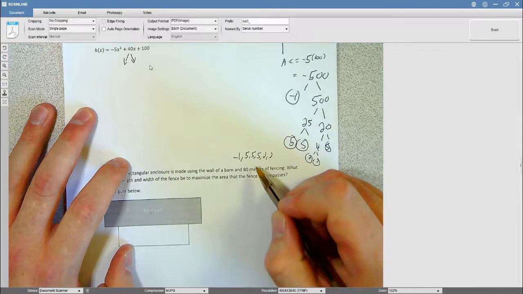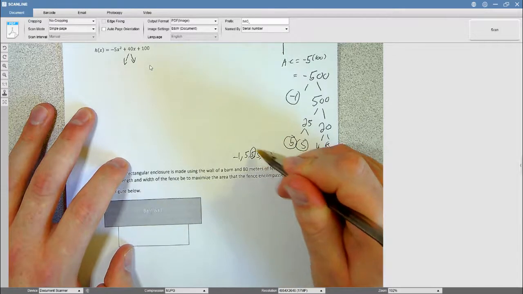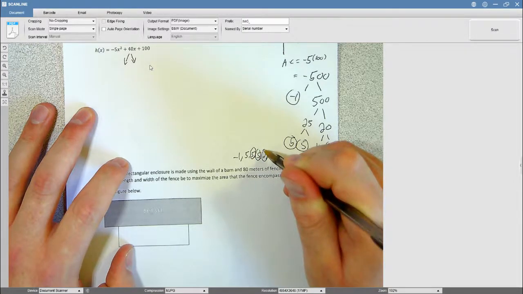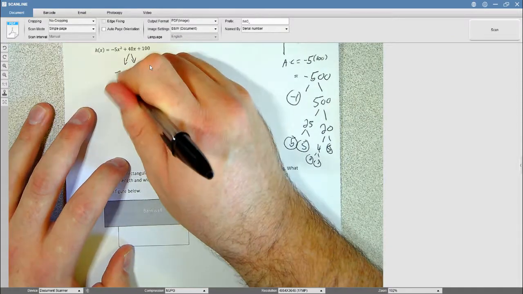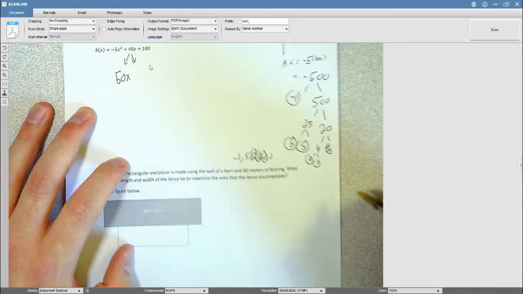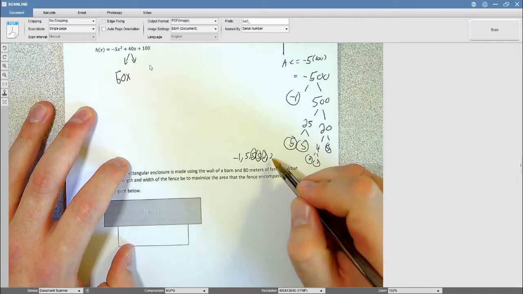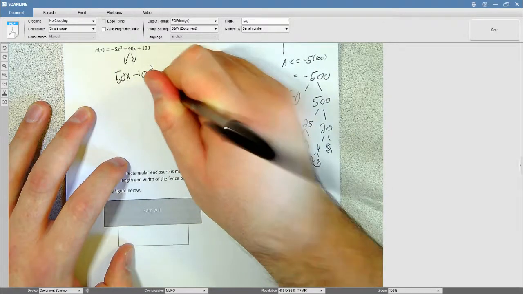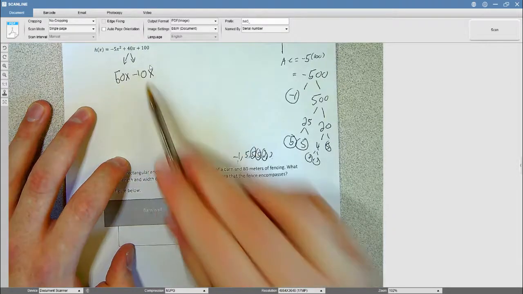Now look, if we take 5, 5, and 2, that's 5 times 5 is 25. 25 times 2 is 50. So if I make this 50x, and look what's left over, negative 1, 5, and 2, minus 10x. So you see where the minus 10x comes from?